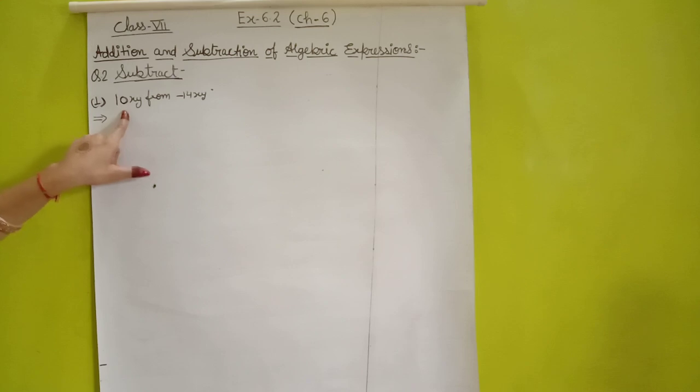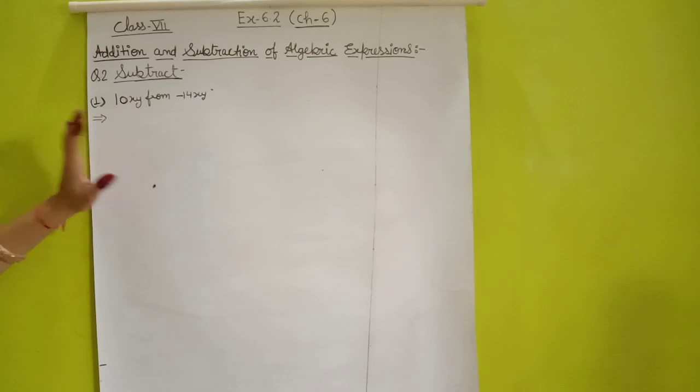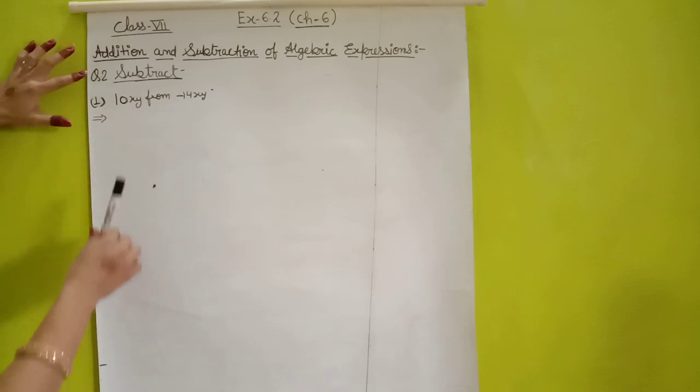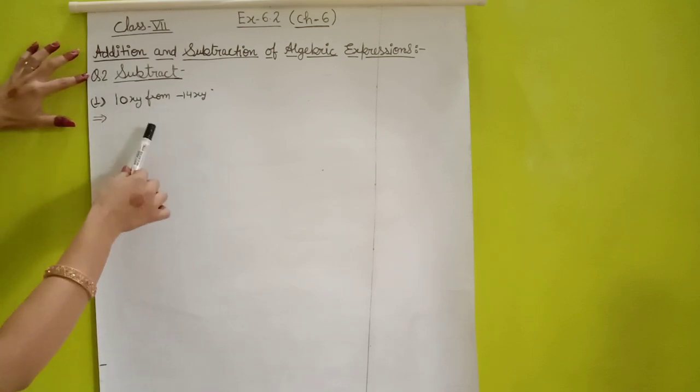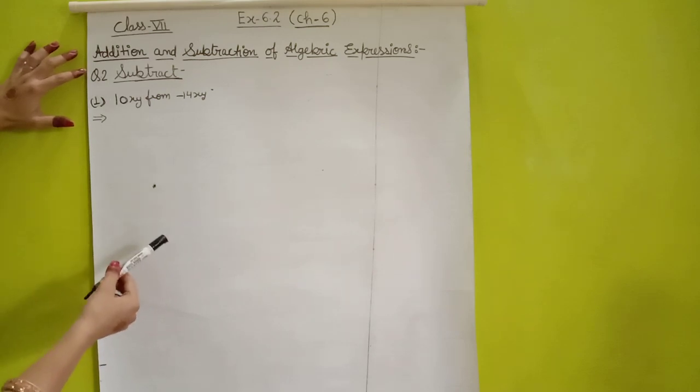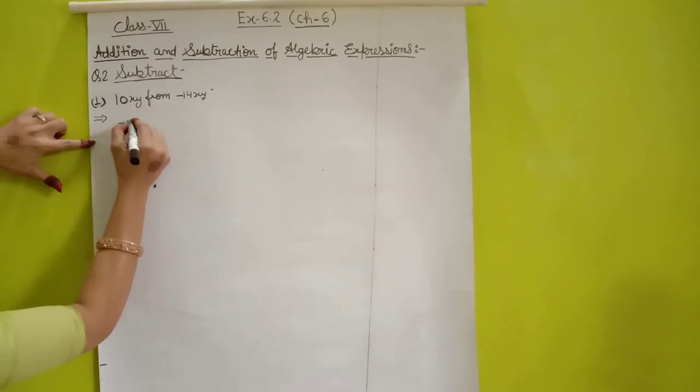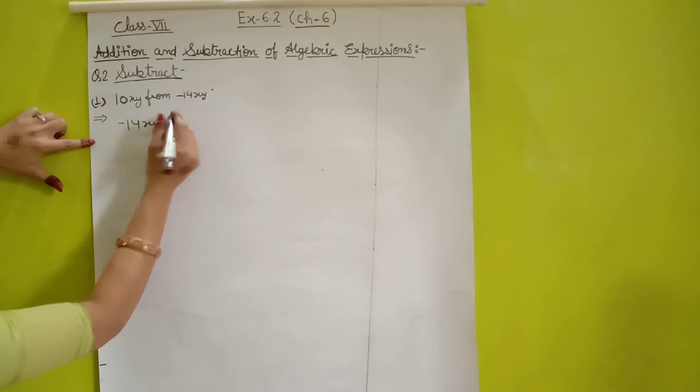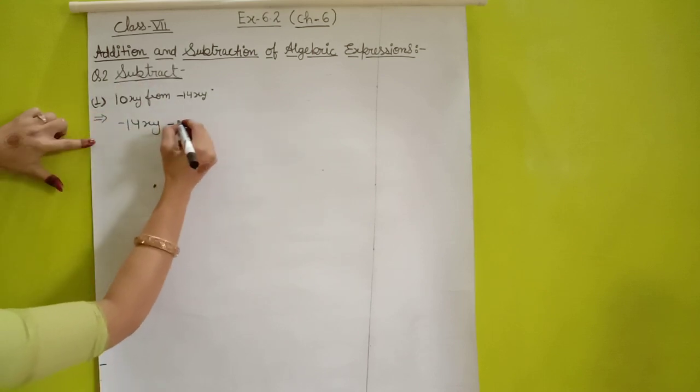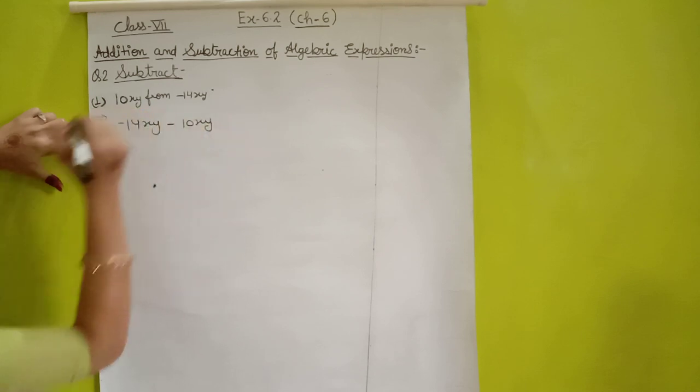Okay, because in this students remain confused and what they are doing, normally what they are doing, 10xy minus 14xy, that is wrong. Okay, so what will come here? Minus 14xy, and what we are to do? Subtract. So sign of subtraction will come and then 10xy.